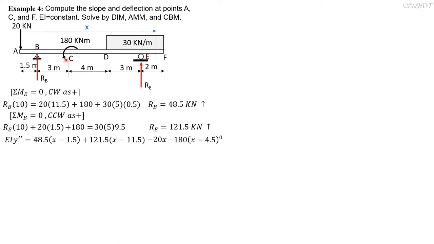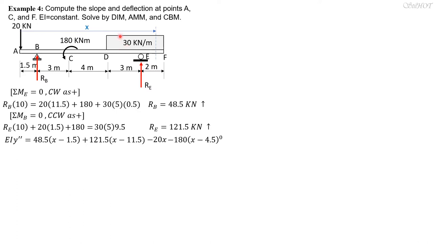Because this is already a couple, then we just make the power of x minus 4.5 raised to 0. Anyway, that is 1. And the main purpose of that is to make sure that when we compute for deflections and slopes, when we set values of x, remember that when the quantity inside this parenthesis is negative, we simply ignore that term.